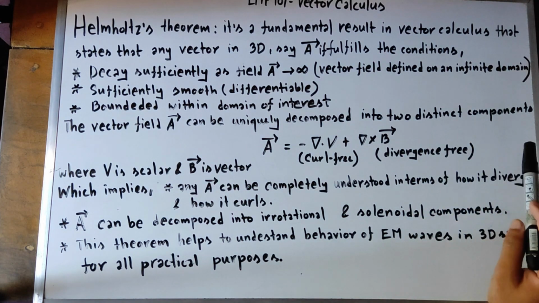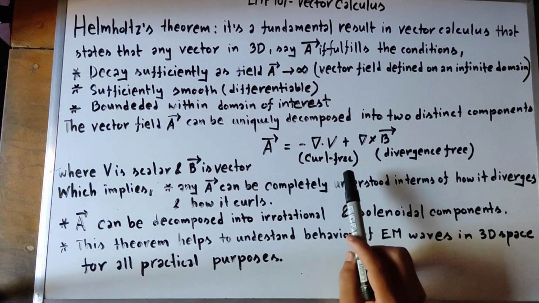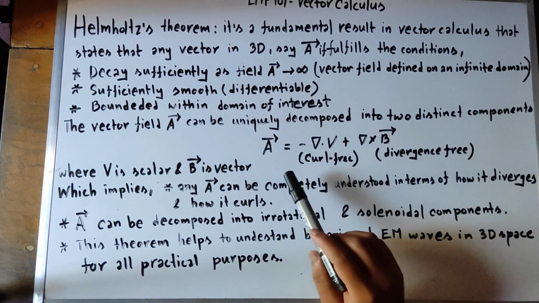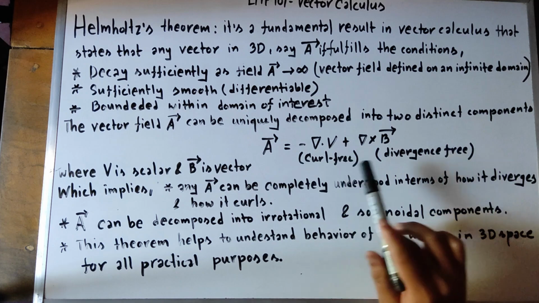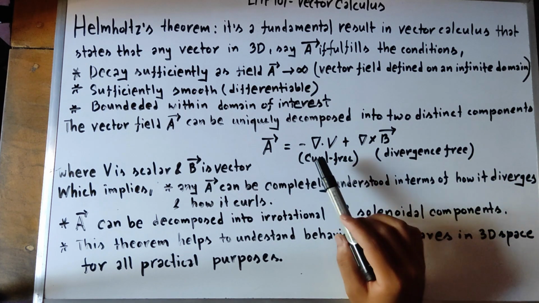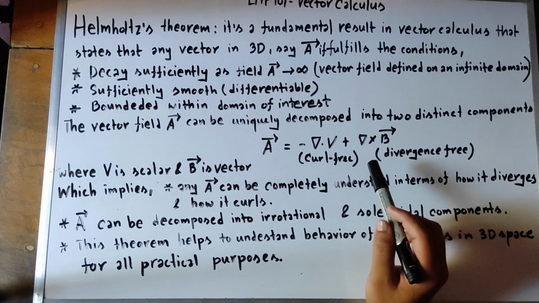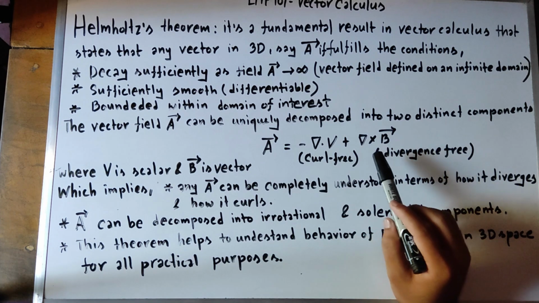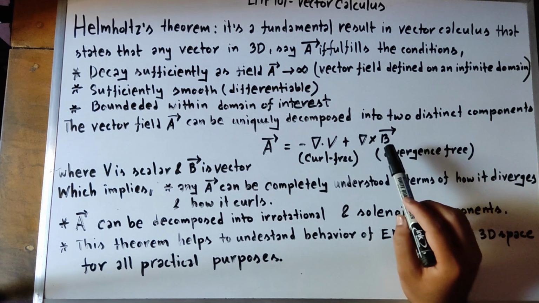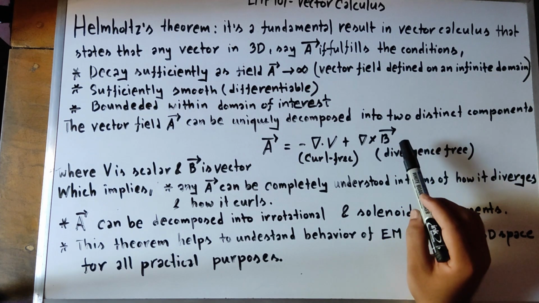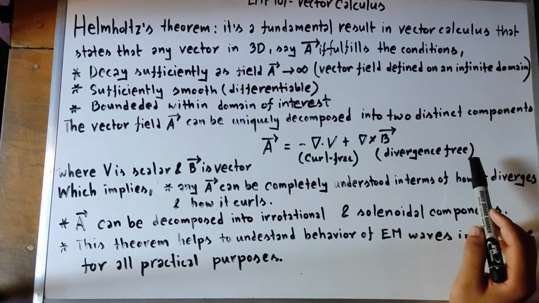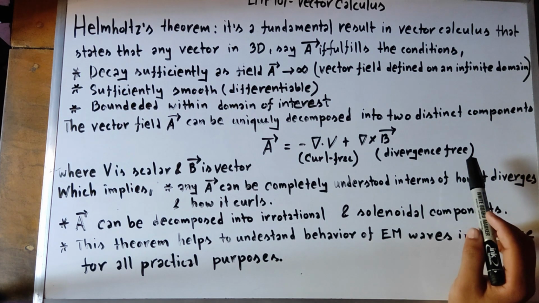two distinct components. Mathematically, the vector can be represented by two distinct components. One is curl free, which is called the curl free part, and the other is the curl of another vector, which is called the divergence free part.